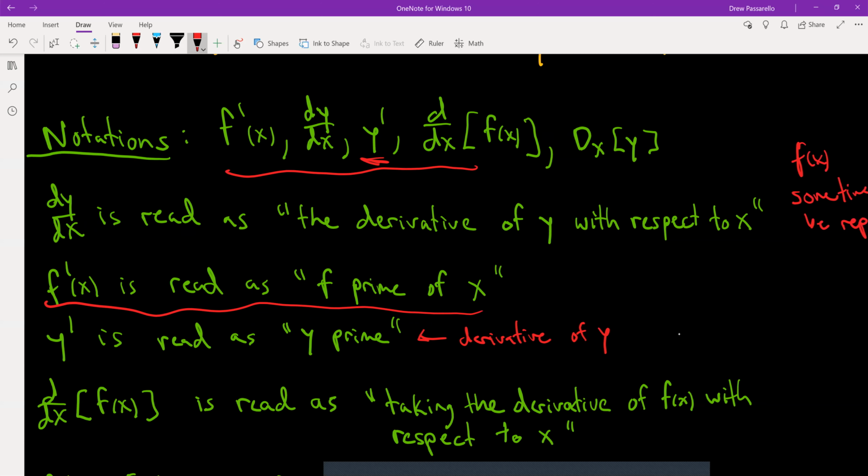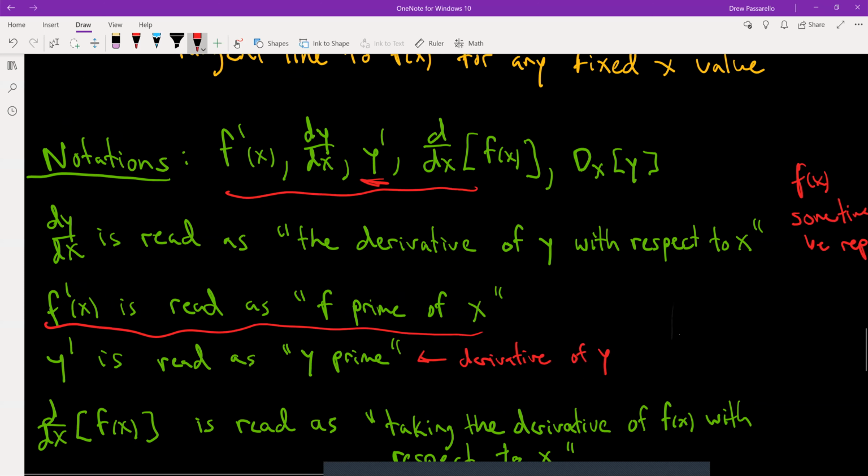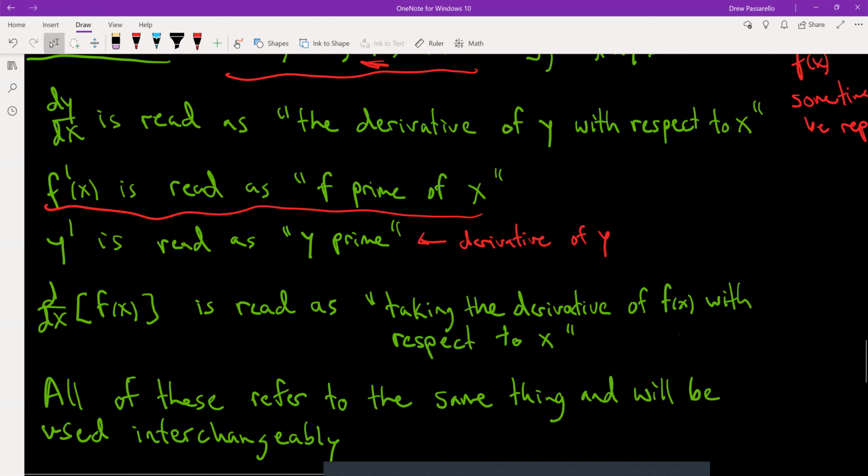The fourth one is one I'll probably use the least, but it's d over dx, and then in brackets is f of x, and it's read as taking the derivative of f of x with respect to x. And again, it does not mean division when it has d over dx. It just means take the derivative, specifically with respect to the variable x.